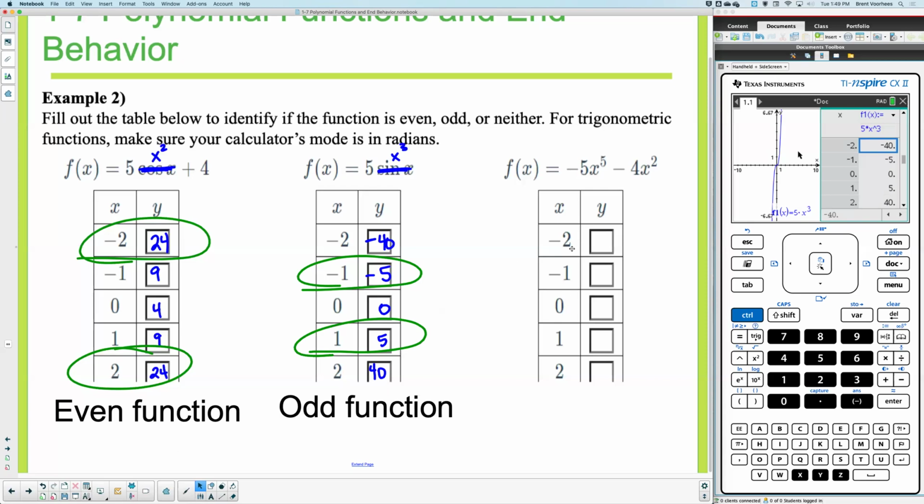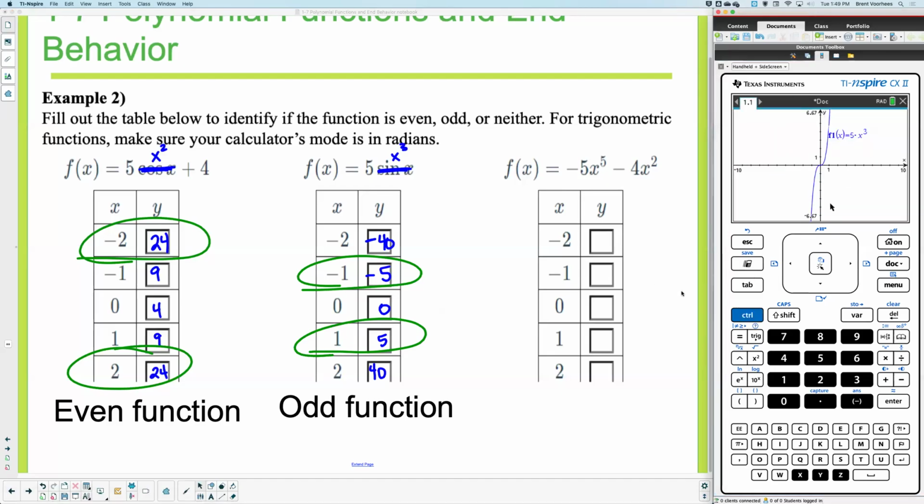All right, one more. Press Control T to drop. Press Tab. That'll pull up your equation. And now let's graph this. I need -5x to the 5th power minus 4x squared.